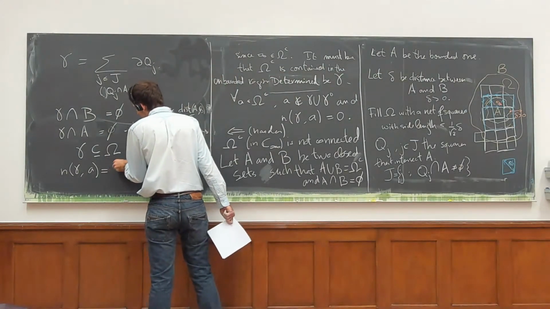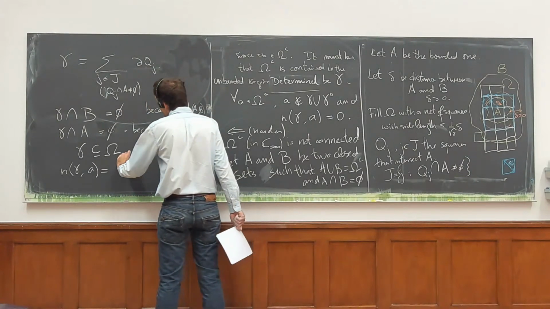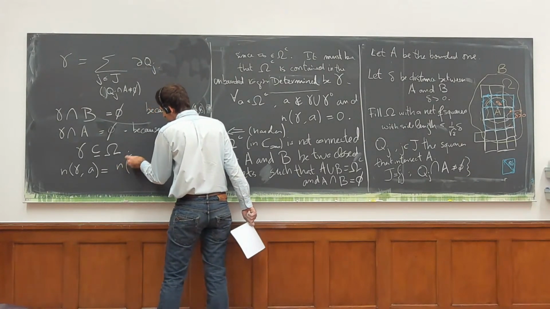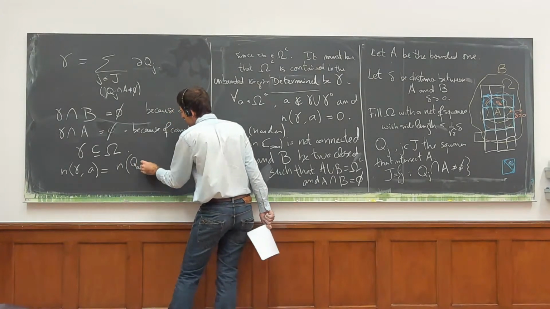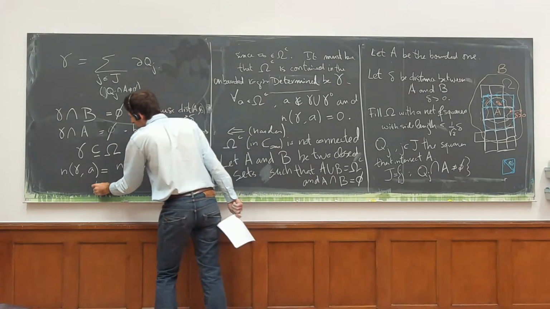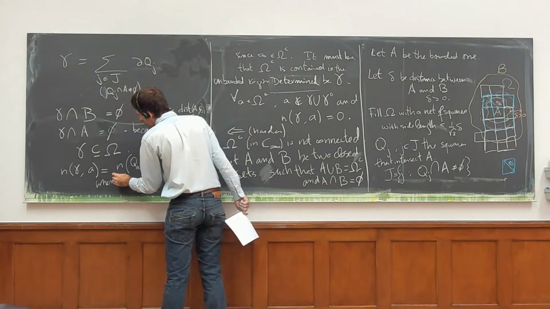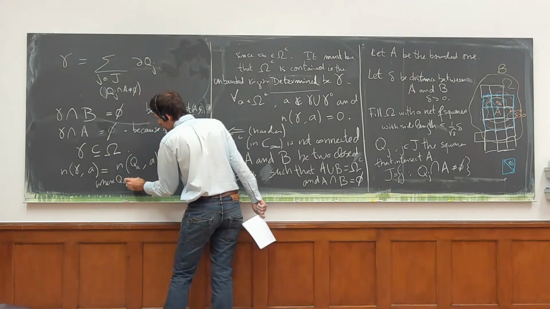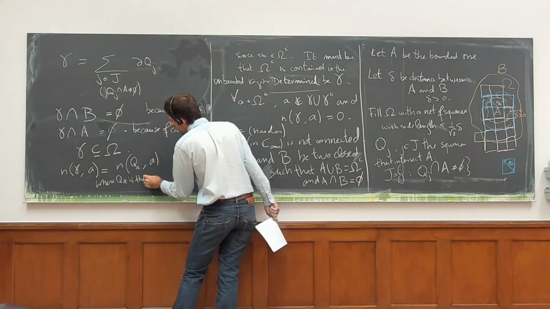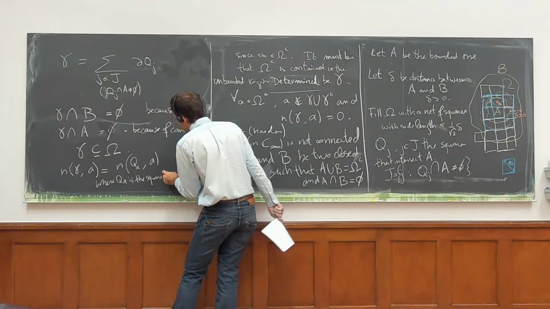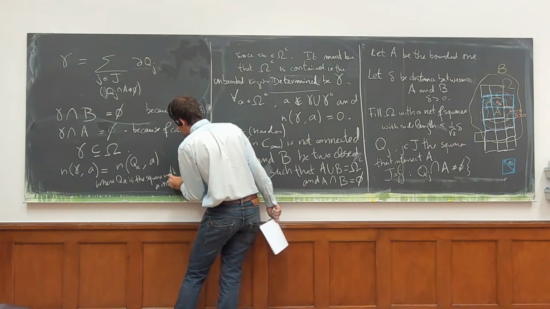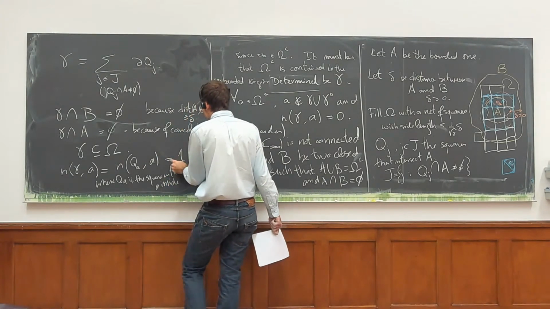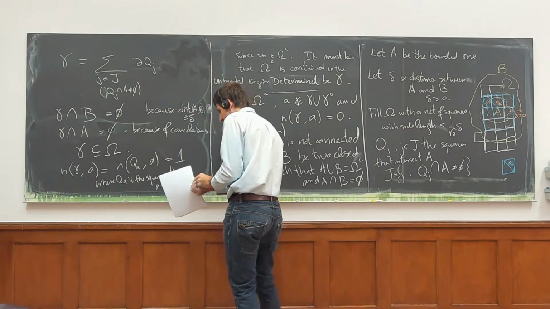So this is the winding number of Q_A, where Q_A is the square with A inside. And this is 1, which is not 0.